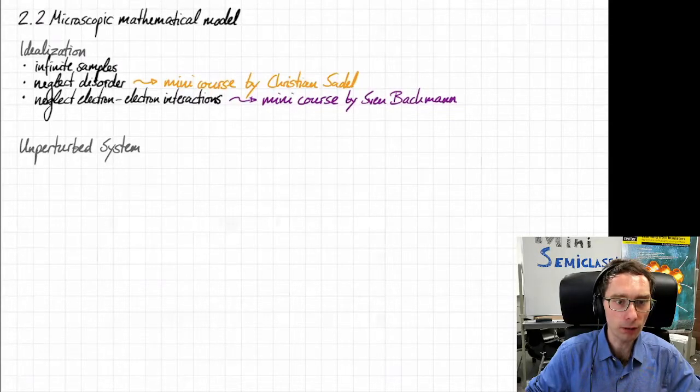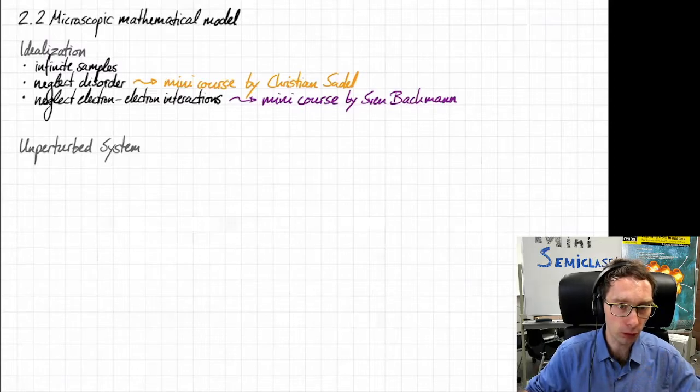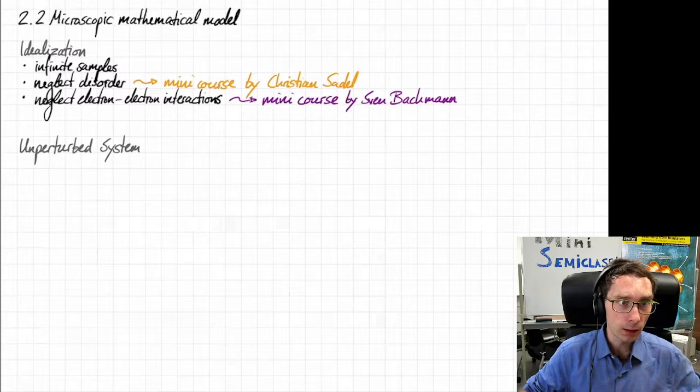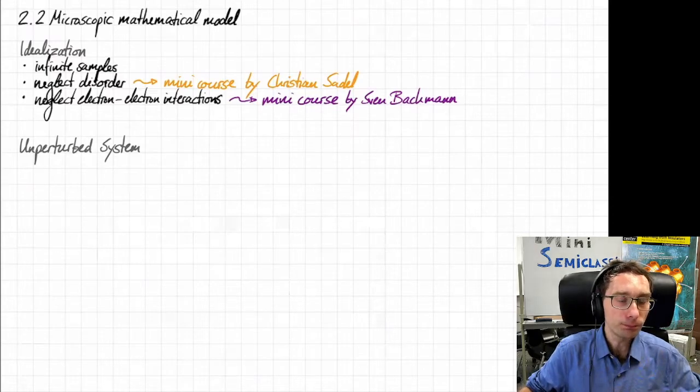Welcome back, everyone. So this is about mathematical models that describe the microscopic system. The idealizations that I talked about at the end of section 2.1, just to repeat them: the first one is that I would like to work with an infinite sample.